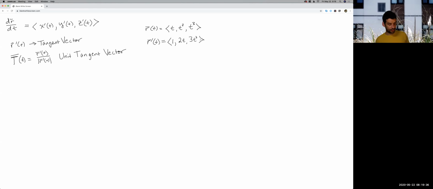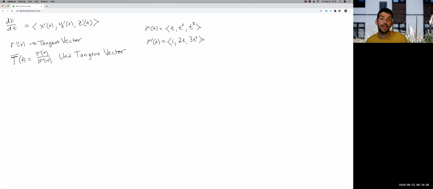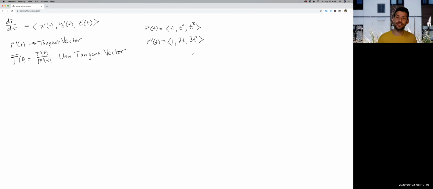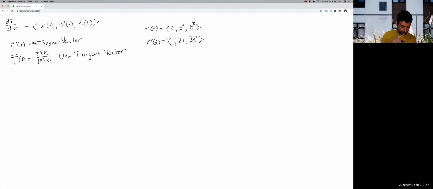Just taking each derivative in turn. So this is another function that's spitting out tangent vectors. For each value of t, it spits out a vector in the tangent direction.